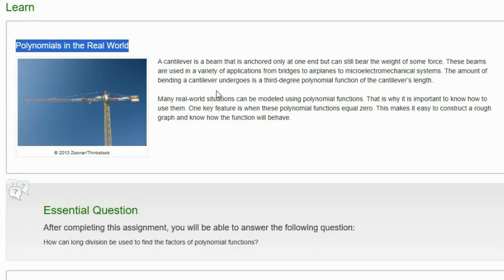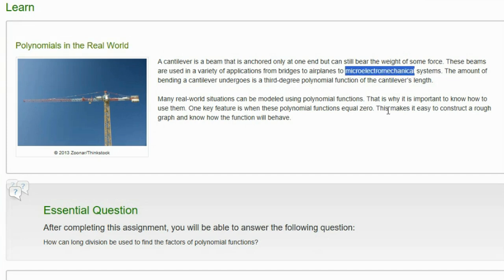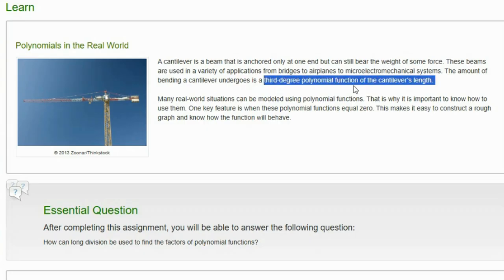These beams are used in a variety of applications, from bridges to airplanes to micro-electromechanical systems. Hey, use that in Scrabble and you'll win the game right there. Micro-electromechanical. The amount of bending that a cantilever undergoes is a third-degree polynomial function based on the cantilever's length. So engineers do use a lot of math.